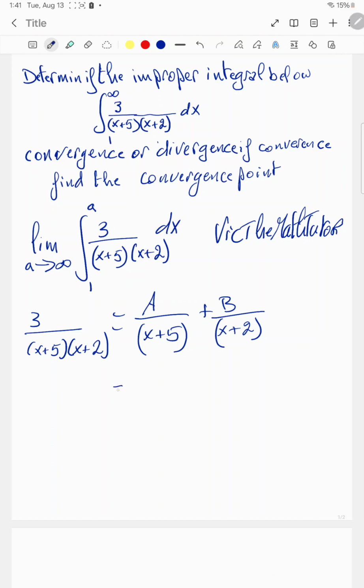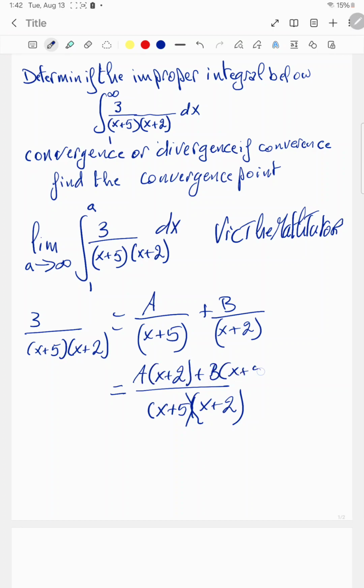So let's do a common denominator on the right hand side, which becomes (x plus 5) times (x plus 2), and here a(x plus 2) plus b(x plus 5) is equal to 3.